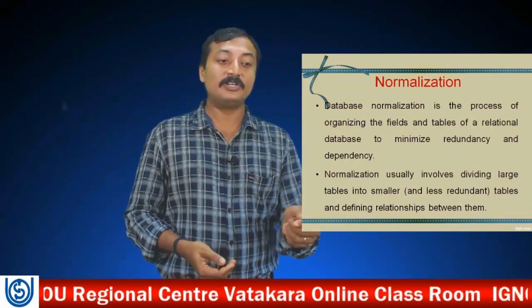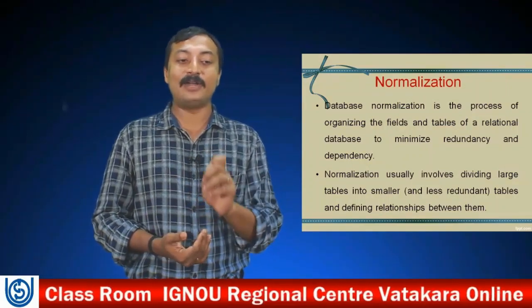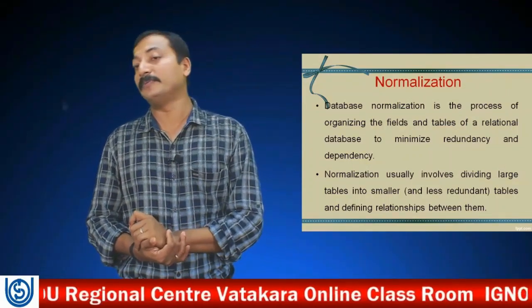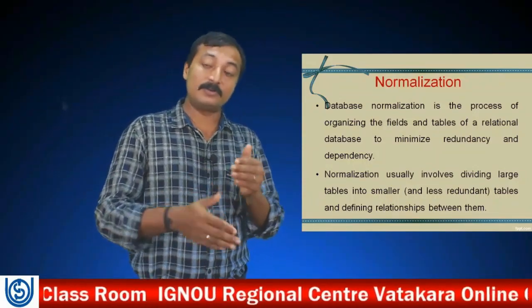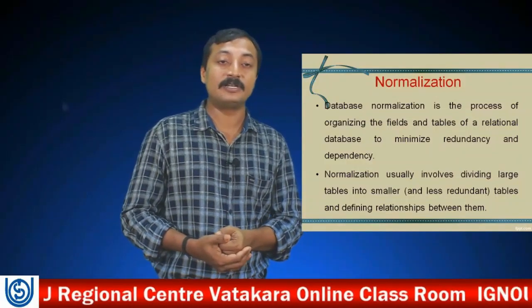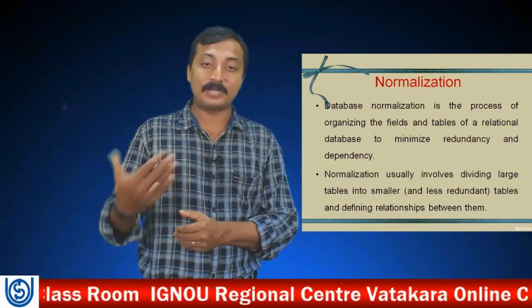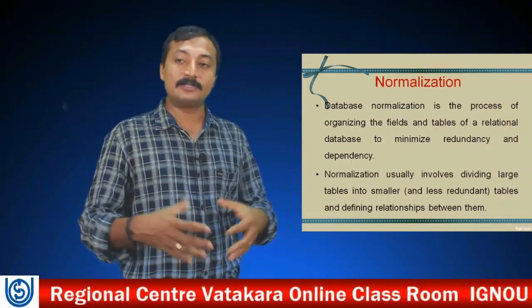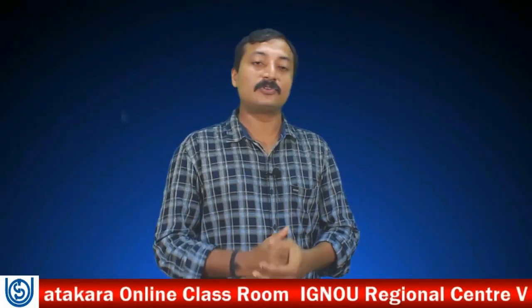Normalization usually involves dividing large tables into smaller tables and defining relations between them. Whenever we are processing a normalization, a large table will be split into two, three or more new small tables, and the result is the normalized version. It will contain the minimum redundancy and the minimum inconsistency.